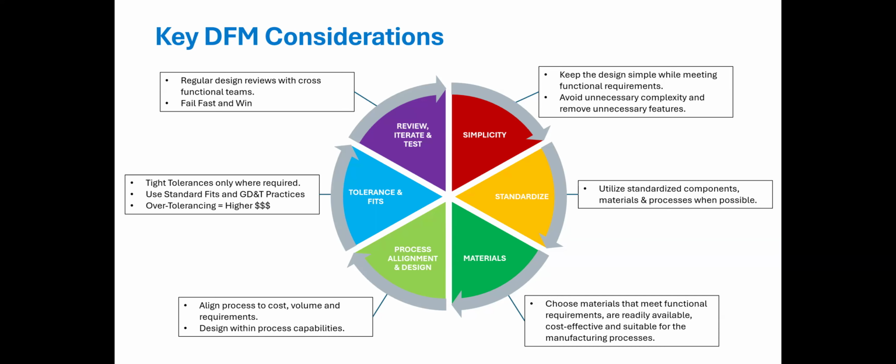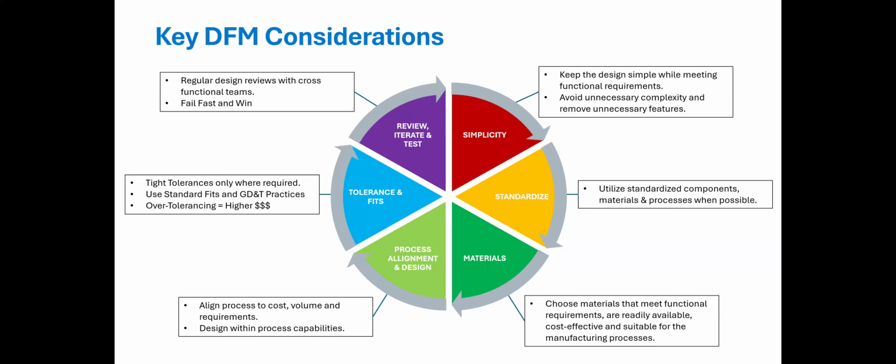Second, always try to use standardized components, materials, and processes when possible. There are a number of existing components out there, and we don't need to reinvent the wheel for 99% of the things you're trying to design. Third, when it comes to materials, you always want to choose materials that meet functional requirements, are readily available, cost effective, and suitable for the manufacturing process.